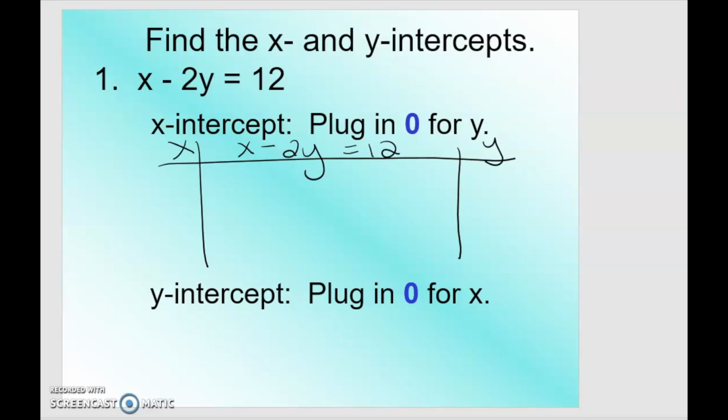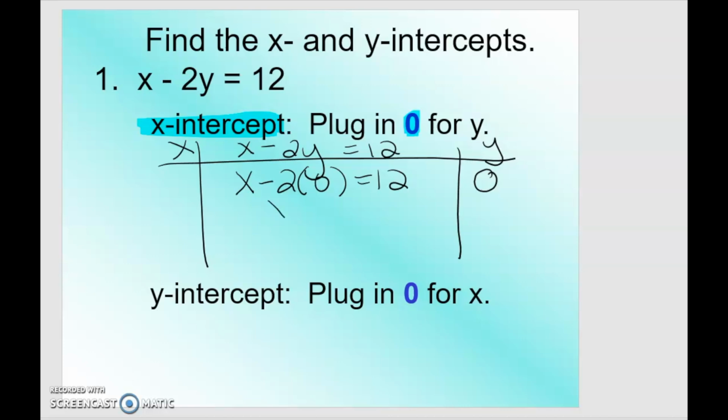But this time we're going to find that x-intercept by plugging in 0 for y. So we're going to say, okay, when we are on the x-axis, y will be 0. So what's our x value? We're going to solve our equation with y being 0.